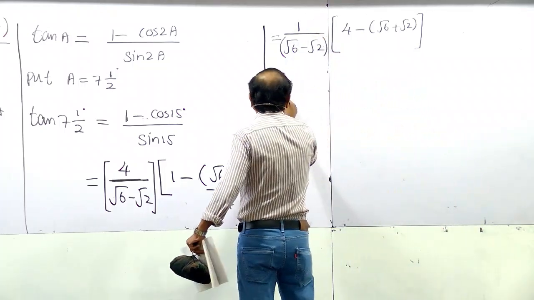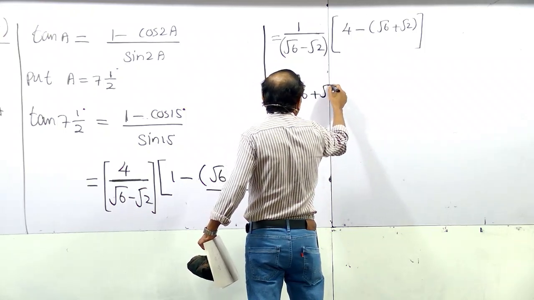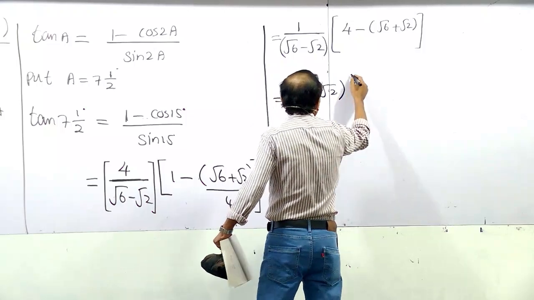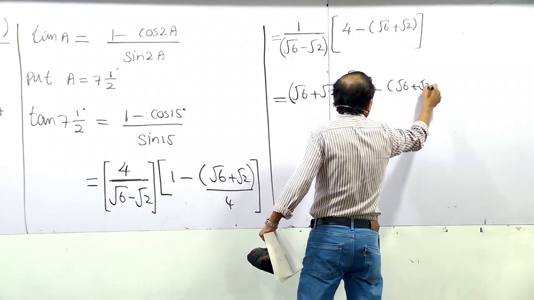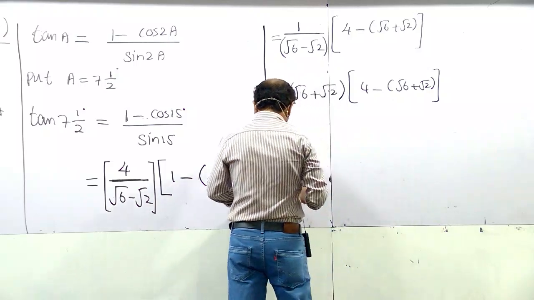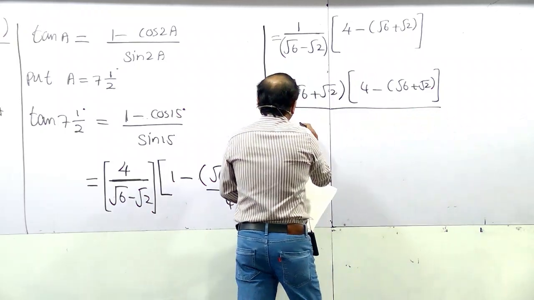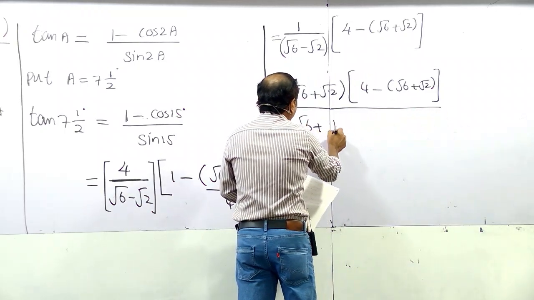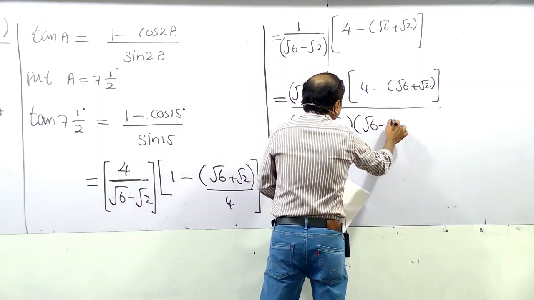Right. Then what we get is root 6 plus root 2, four minus (root 6 plus root 2), and divided by (root 6 plus root 2) into (root 6 minus root 2).